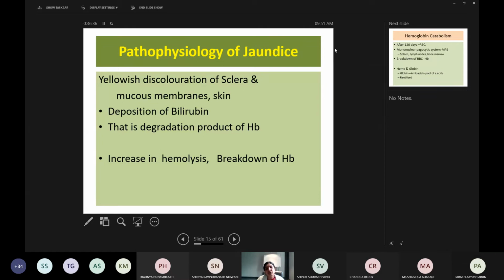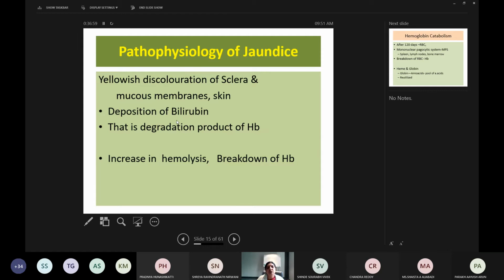If the bilirubin level exceeds 2 milligram per deciliter, then the yellowish discoloration starts. So this is the scale you should remember. You need not go for investigation. If yellowish discoloration is there, that means the person's serum bilirubin is more than 2 milligram per deciliter.